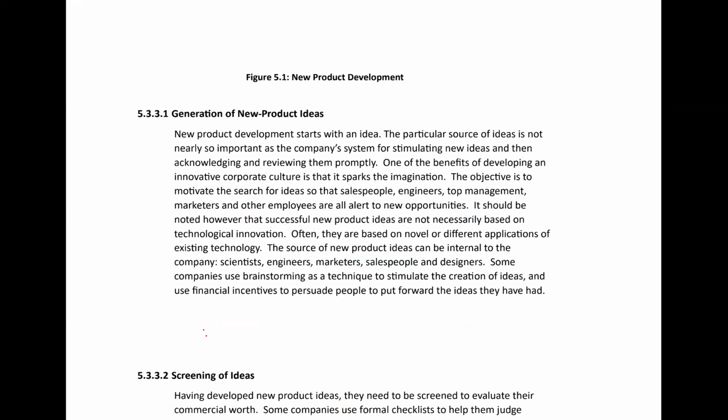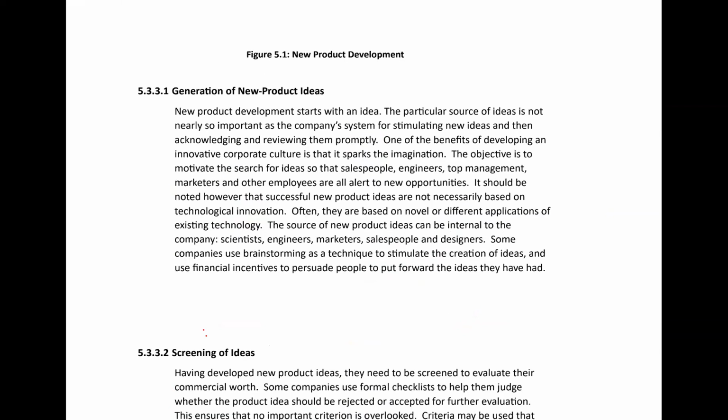What about new idea generation? Now, this is very important, generating of the idea, right? New product development will start with an idea, and most of you can agree and attest to the truth. So the particular source of the idea is not nearly so important as the company system for stimulating the new ideas. And then the acknowledgement and the reviewing of them should be done promptly.